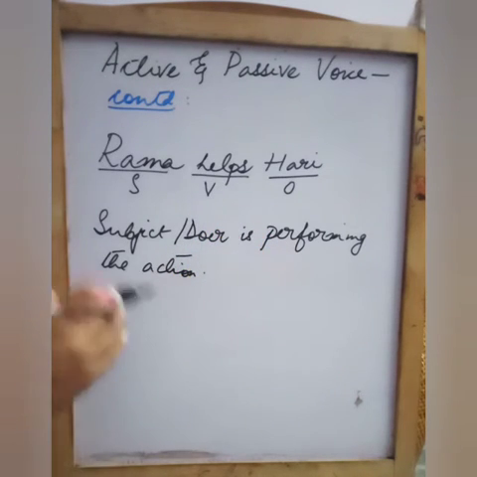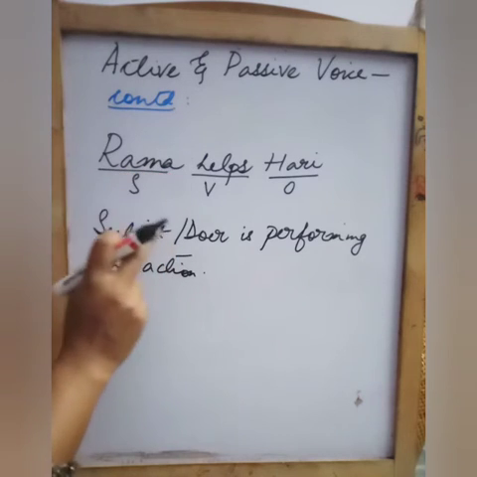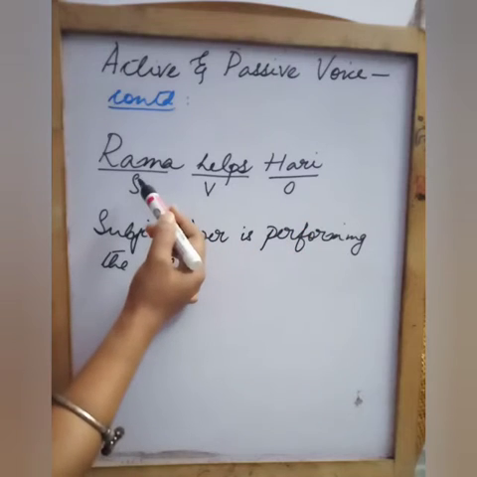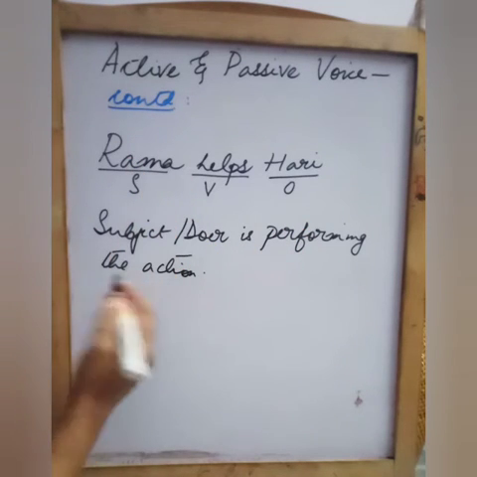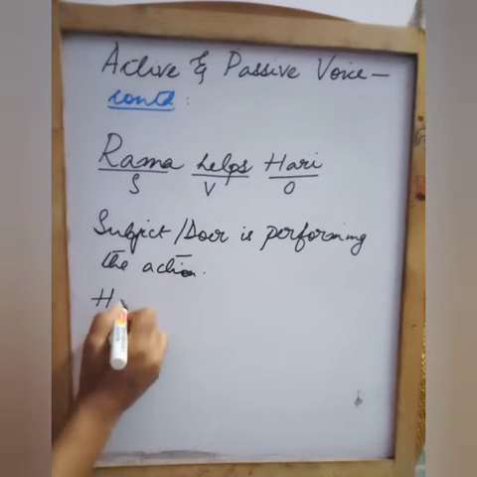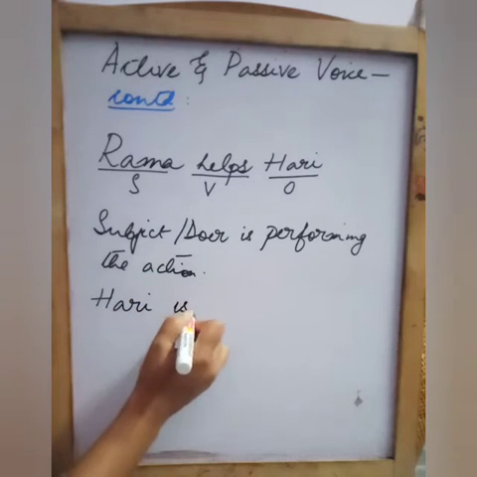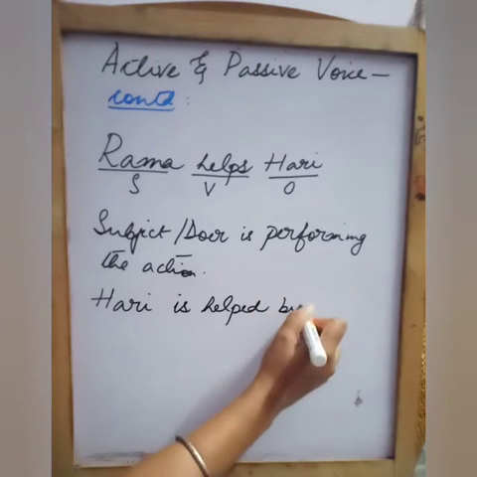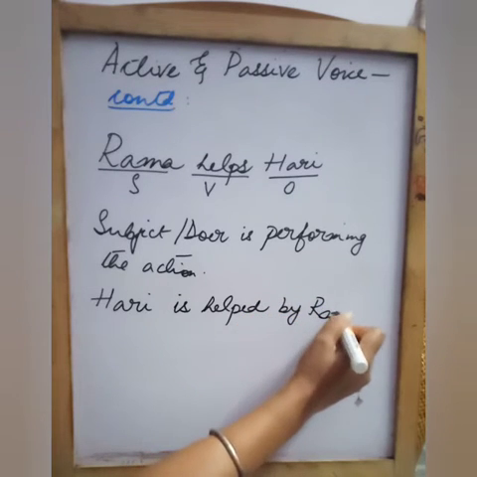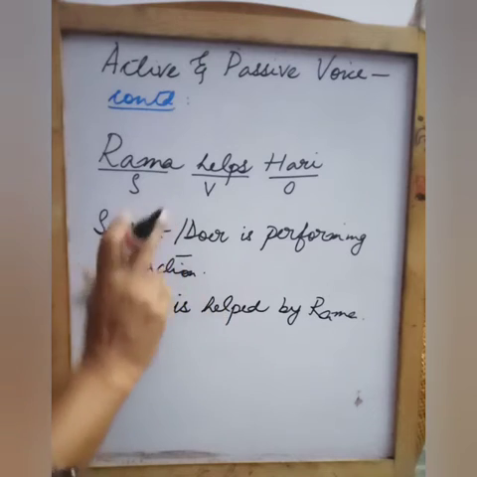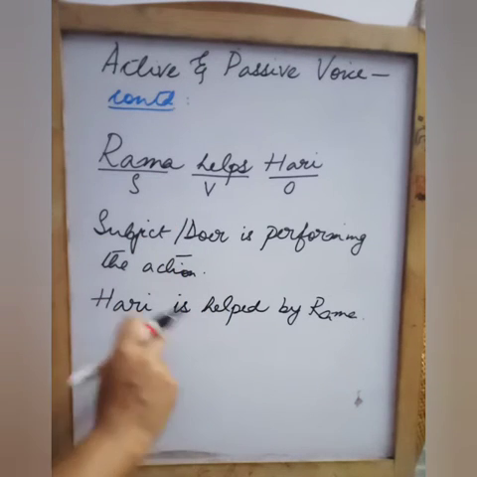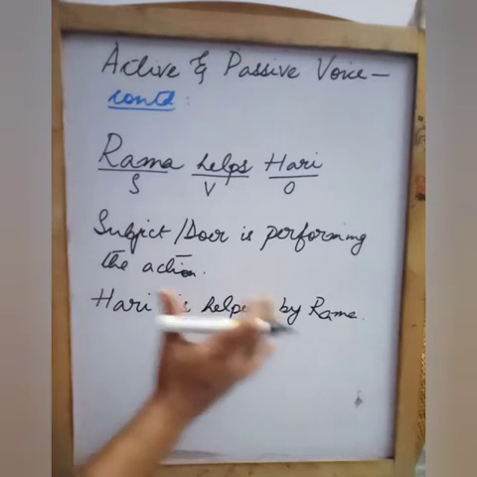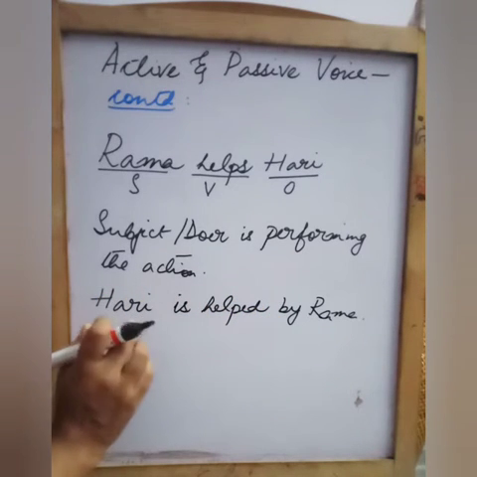Now if I want to change this sentence into the passive voice, what will I do? This object will come here in place of the subject. And how am I going to write it? Hari is helped by Rama. See, the meaning of the sentence remains the same, isn't it? We have just changed the structure of the sentence.